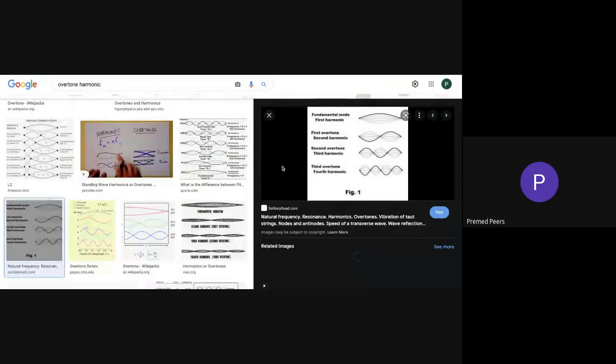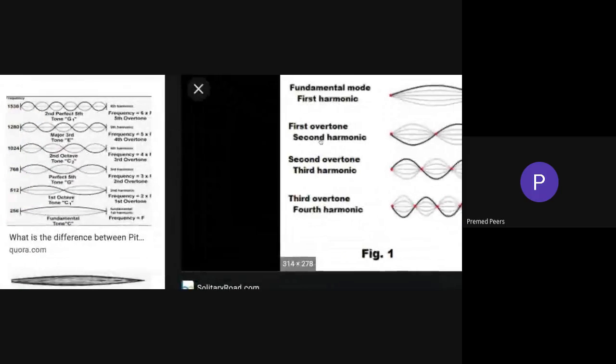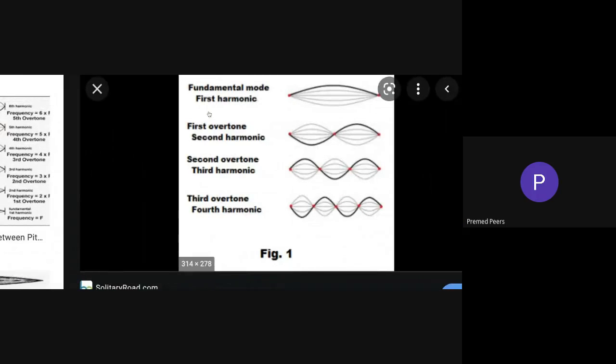So was it something like this where the fundamental mode is the first harmonic, the first overtone is the second harmonic? I guess that goes with adding the one to the overtone to get the harmonic.